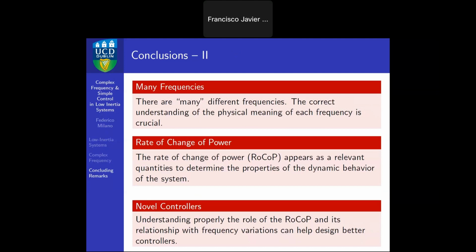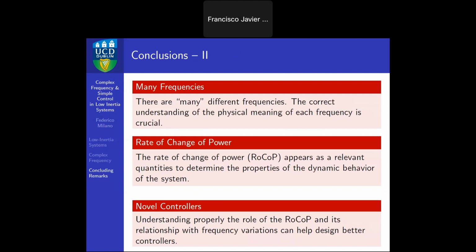If we move to the time scale of the inertial response, in the past there was no control there, so it didn't matter. But now there might be control. So in that time scale, we have many frequencies, not just the standard frequency, maybe also different frequencies, and that's the point of the complex frequency.